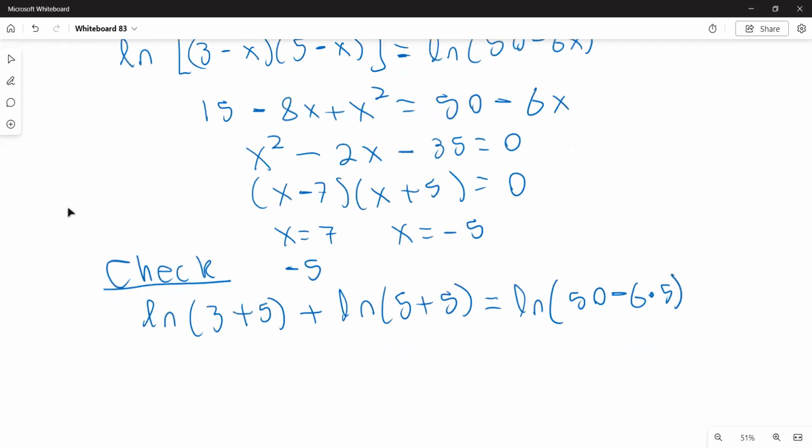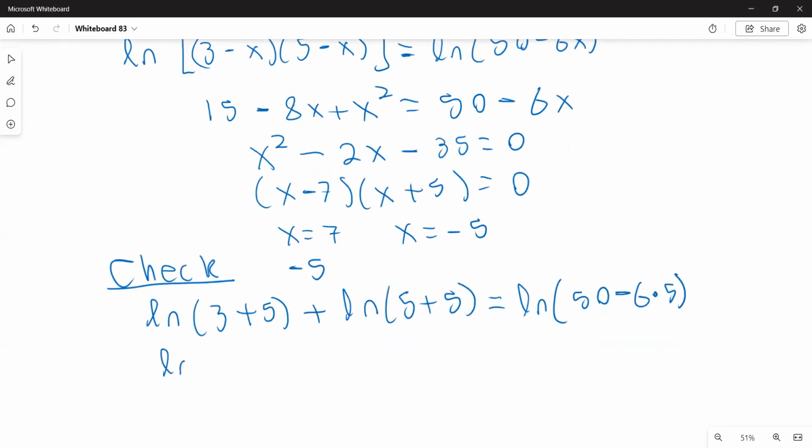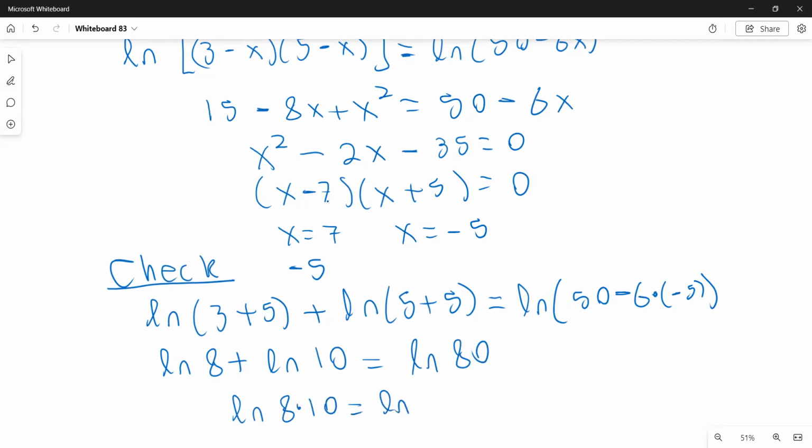So that's natural logarithm of 8 plus natural logarithm of 10 equal to natural logarithm of 50 plus 30. That's going to be natural logarithm of 80. And by properties of logarithms, this is natural logarithm of 8 times 10 equals natural logarithm of 80. So that's correct. So that one is a solution.